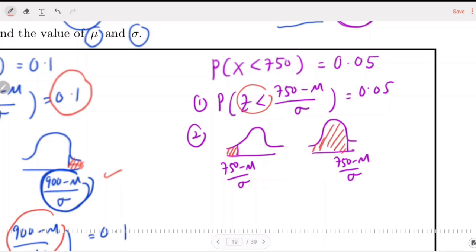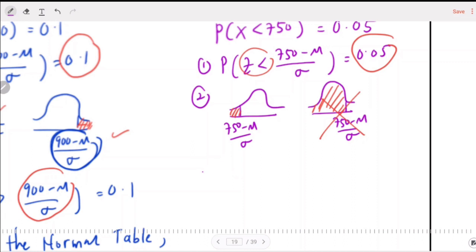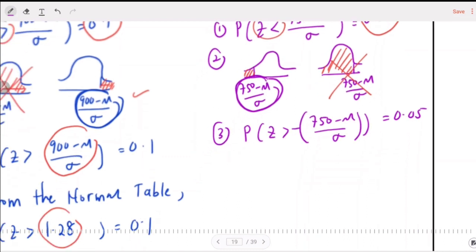The probability is very small, so the logical one is on the negative side. We don't need to put 1 minus, so it's just Z greater than this value here. But since our Z lies on the negative side, we need to multiply it with a negative number.